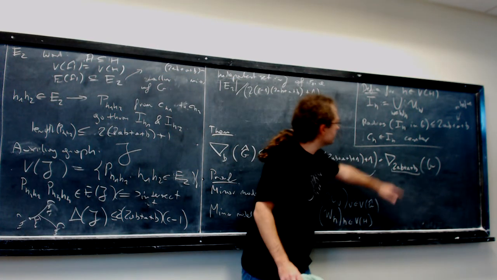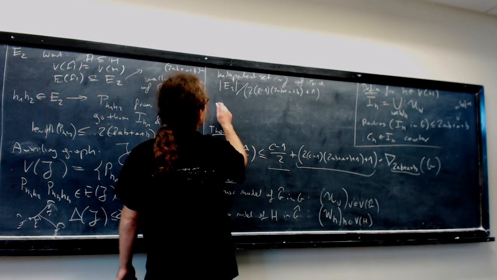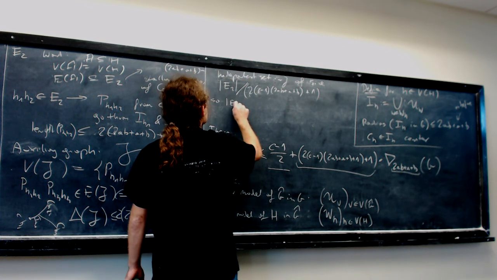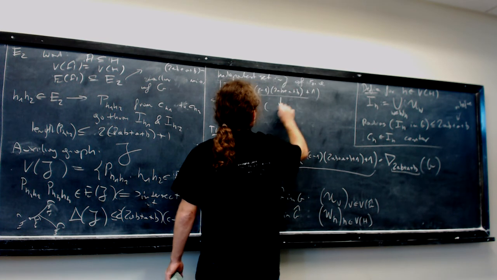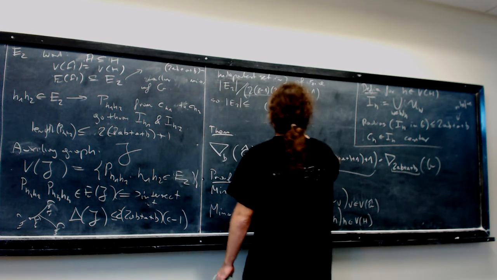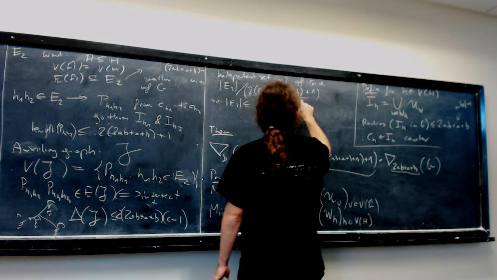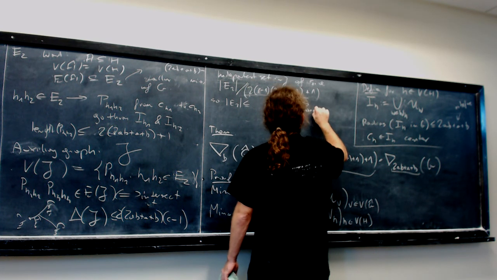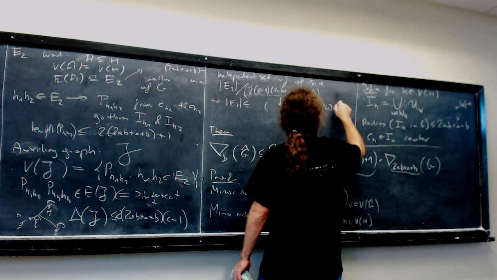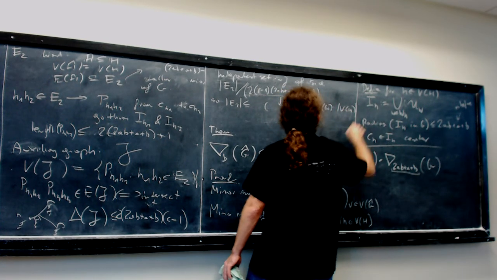So the size of E2 is smaller than this big thing, nabla 2AB plus A plus B of G, times the number of vertices of G.